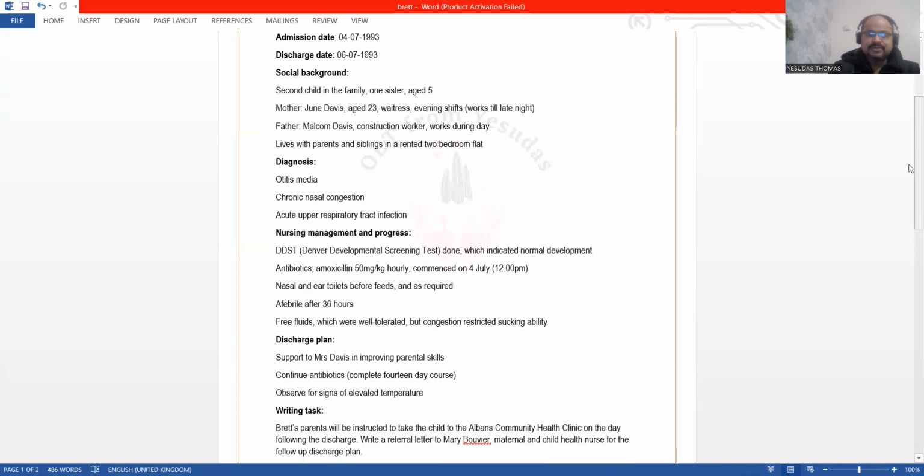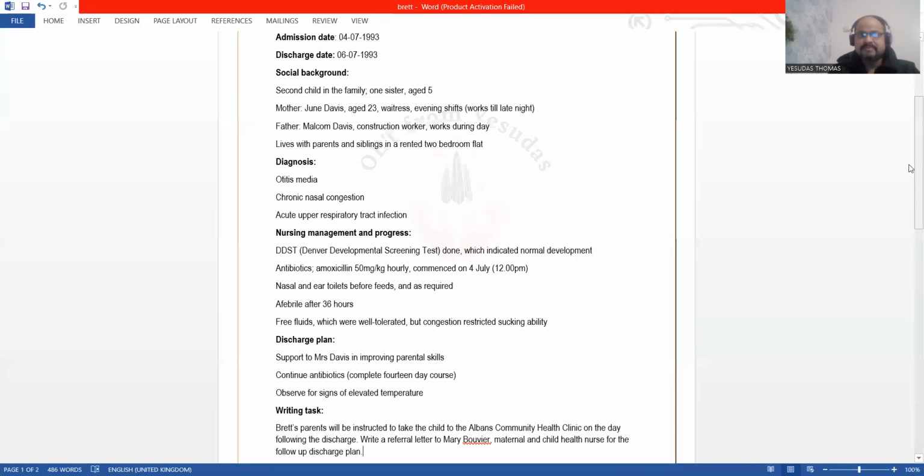Don't think that the social background is insignificant here, because we are writing something in the discharge plan that is support to Mrs. Davis, that is the child's mother, in improving her parental skills. Why is this written?